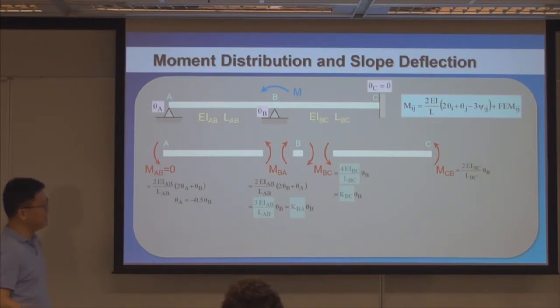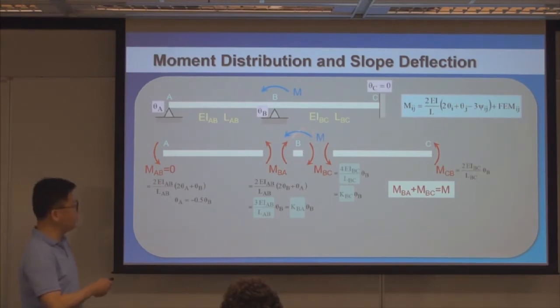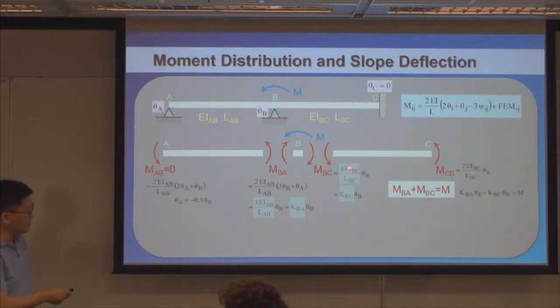Okay, so next step, joint equilibrium. Joint equilibrium requires that at joint B, you need to have MBA plus MBC equal to the externally applied moment M. So you just take these equations plus those equations and set that equal to M. Then you can get theta B. So you solve for the degree of freedom, theta B. So that's step number 3.